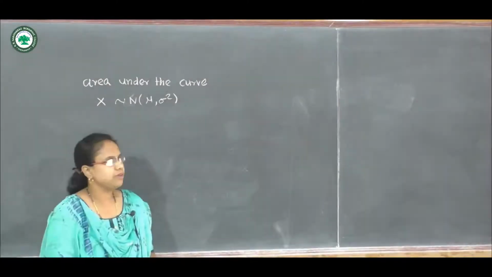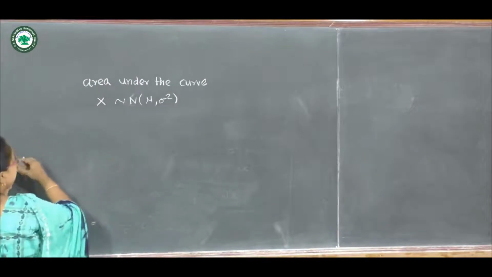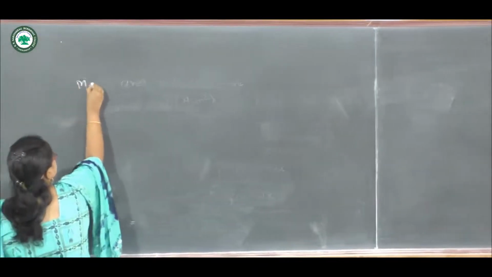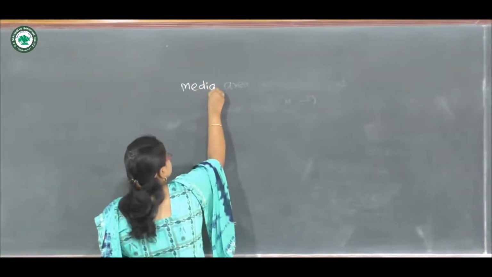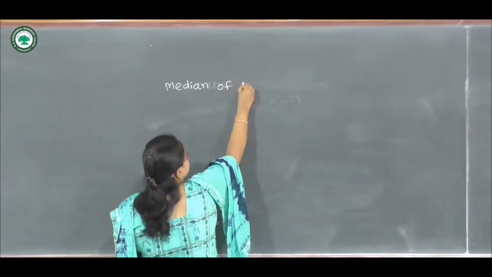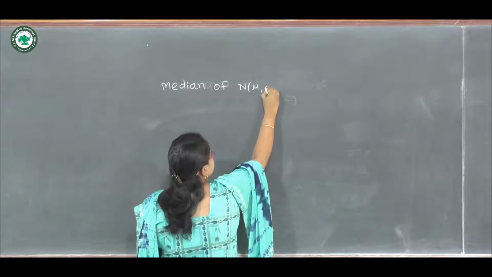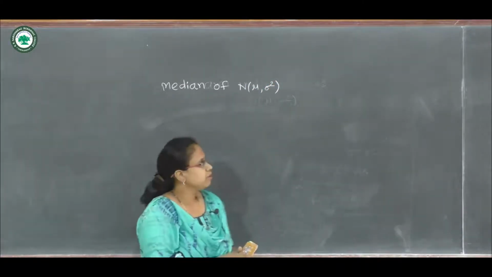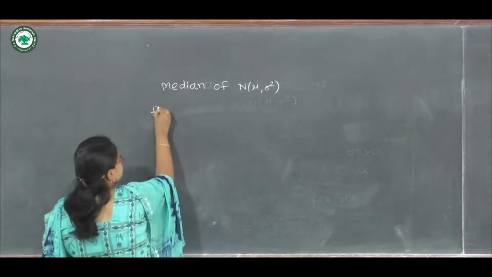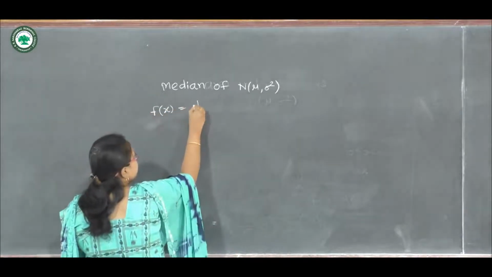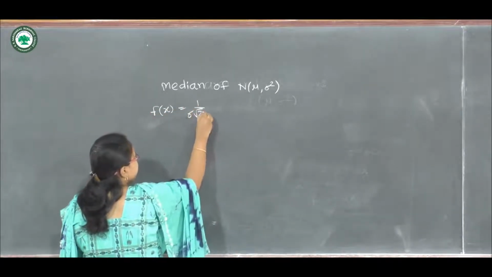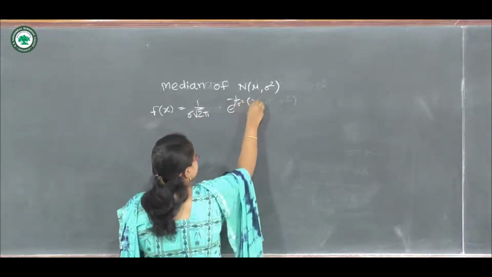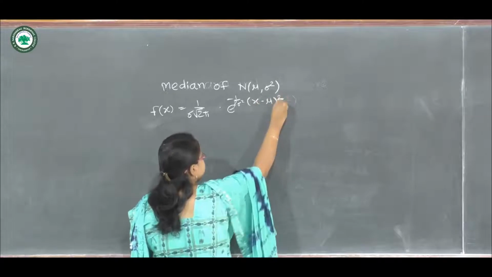The next point we will study is the median of normal mu comma sigma square. So we have the PDF of normal distribution as f of x equal to 1 upon sigma root 2 pi e raised to minus 1 upon 2 sigma square into (x minus mu) whole square.